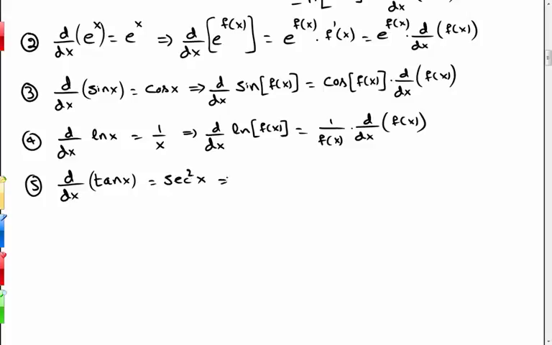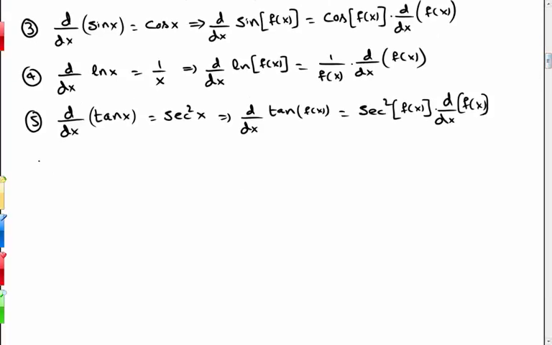That means, if I ask you what is d/dx of tangent of f of x, then the answer is secant squared of f of x times f prime of x, or let me call it d/dx of f of x instead of f prime of x.